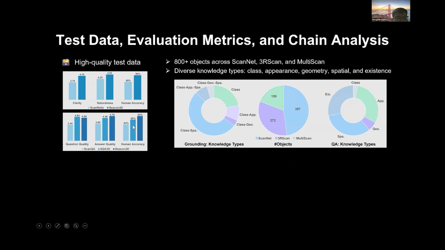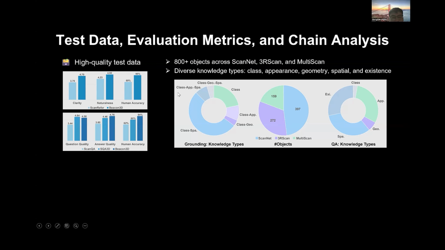On the left side, we show the quality of our test data. We compare our data with previous benchmarks such as SQA3D and ScanQA. The figure shows that our data has extremely higher quality than previous benchmarks.